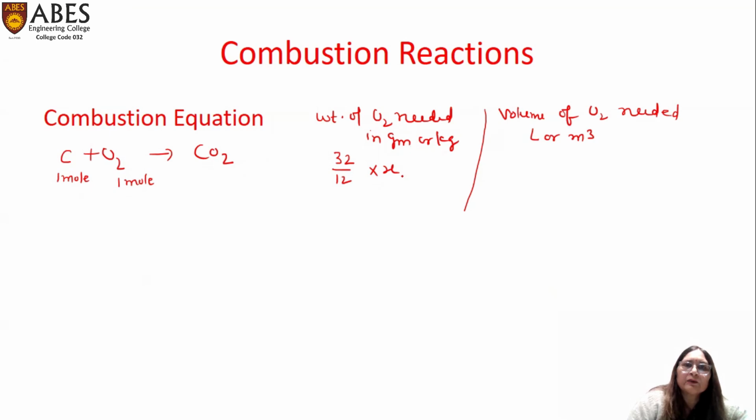This is the calculation for the weight of oxygen needed in grams or kilograms. Now the volume of oxygen needed, or we can say air needed, in liter or meter cube. 1 mole of carbon requires 1 mole of oxygen. So how much for x? x into 1.